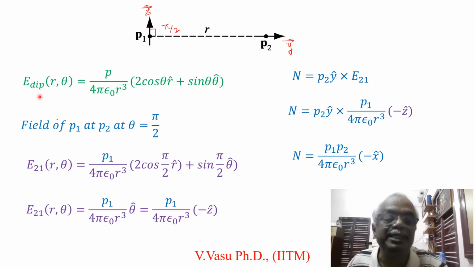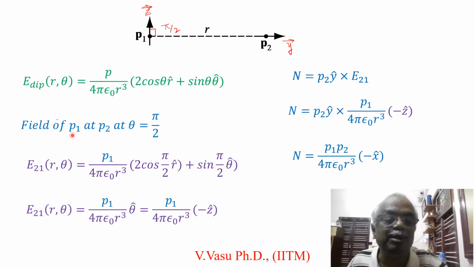Now you apply the formula for the electric field of a dipole, which is a function of r and theta: E of r and theta is equal to p divided by 4 pi epsilon naught r cube times (2 cos theta r cap plus sin theta theta cap), which we have seen in problem 4.4. I have given the link in the description box.